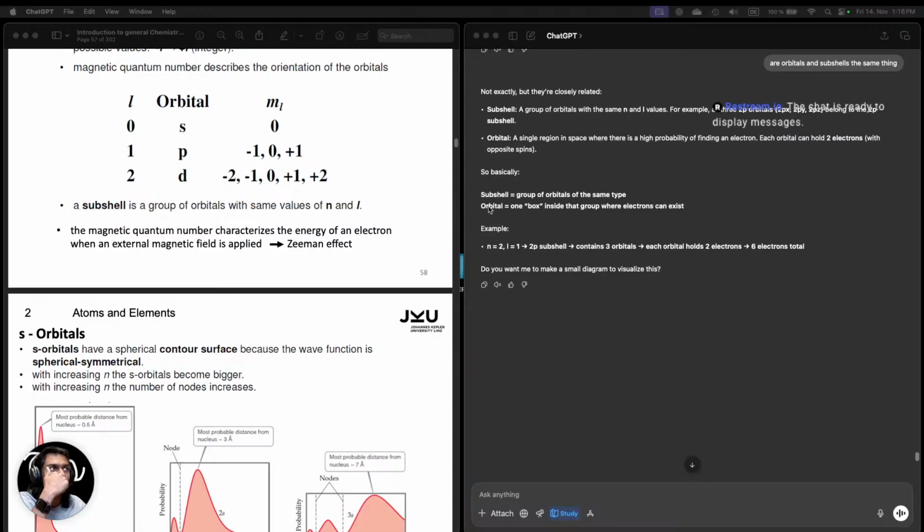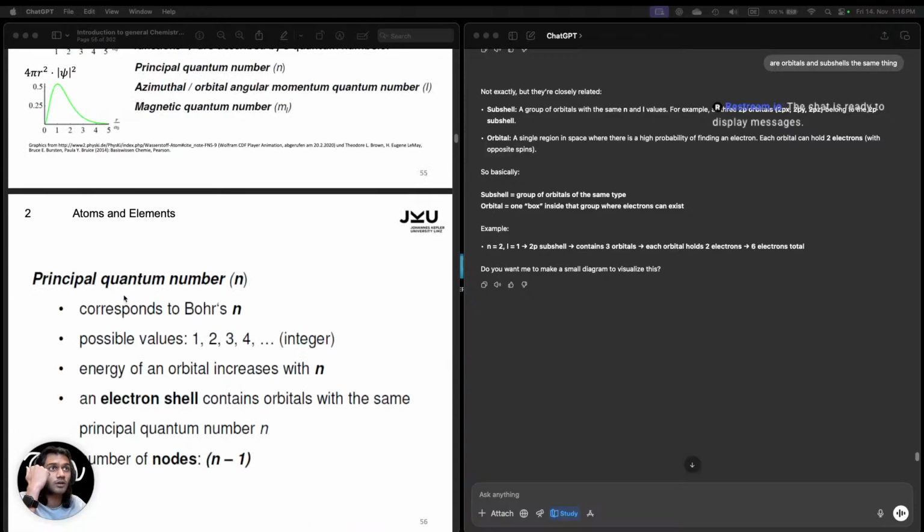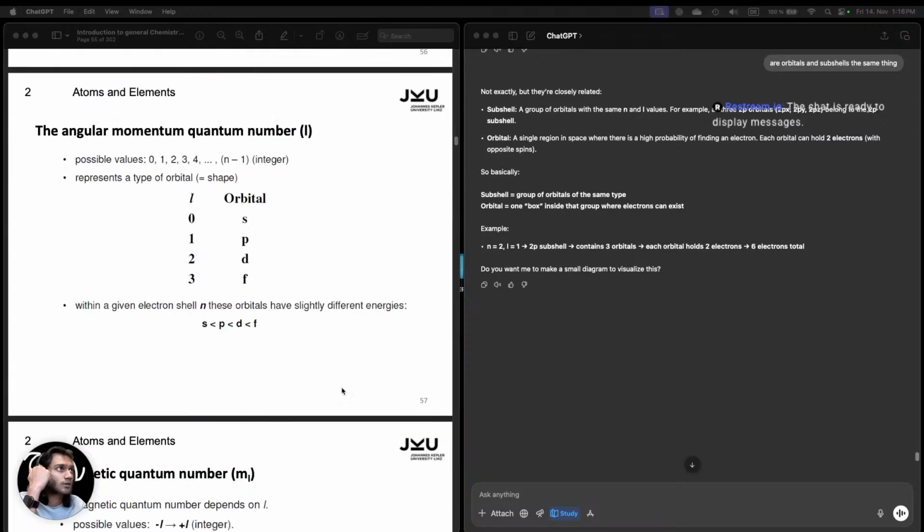So the subshell depends on the energy level number, the principal quantum number, while the orbital is L dependent.